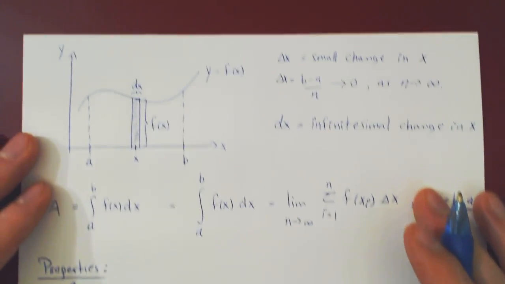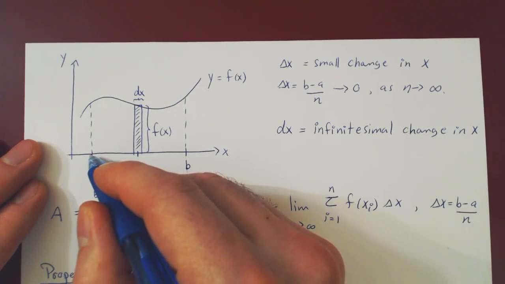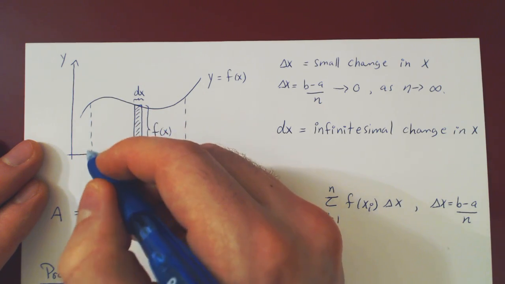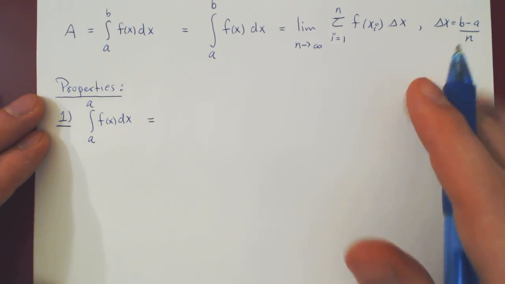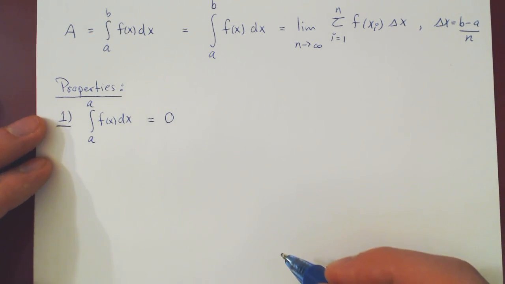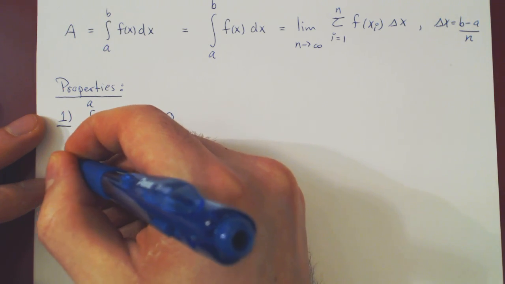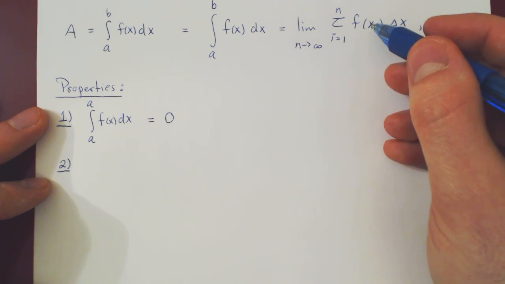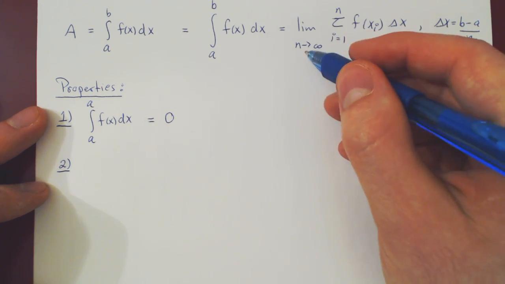Well, think of the picture. If x goes from a to a, you have no area, you just have a vertical line. Well, the area of a line is 0. And so the definite integral of f from a to a is equal to 0. That's it.